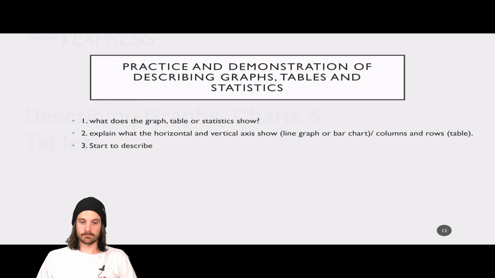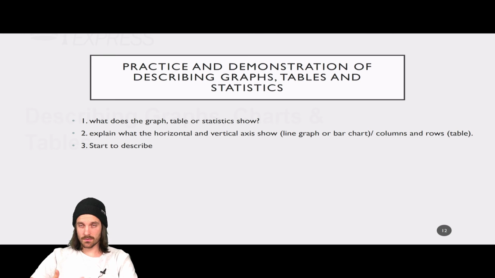So the first thing you might explain to your examiners is that in this case the statistics is about public transportation, or the usage of public transportation in Austria.